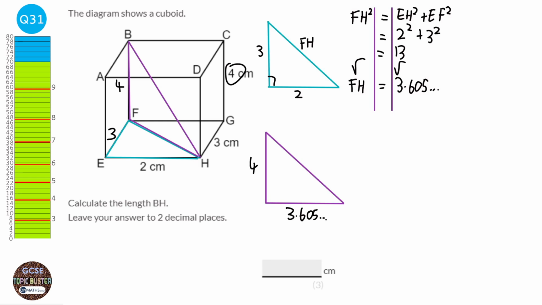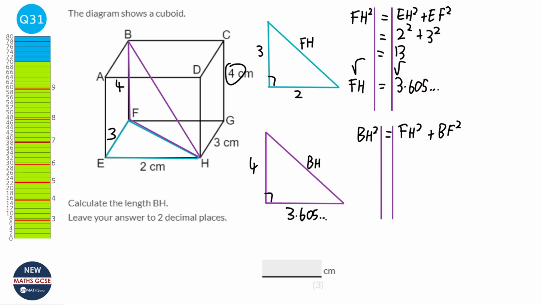And so we're going to write down that BH squared, it's Pythagoras again, so we're looking for BH here, is going to equal FH squared plus BF squared. Get our little tram lines in. Okay, so that's going to be the 3.605 blah blah blah, which I'm going to keep in my calculator, plus 4 squared.